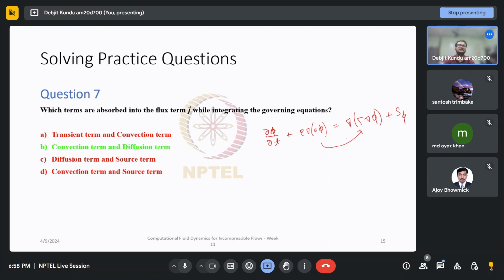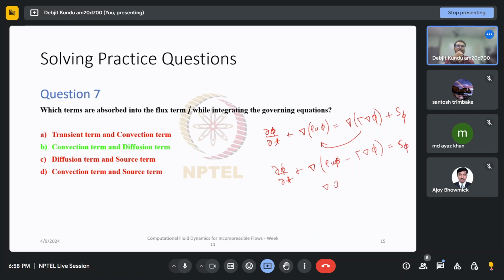Now these two terms can be combined. So I can write this as del of rho u φ. Rho will also be inside if it's a variable, because rho can also be a variable of space, right? So in that case, it would be inside this grad, and minus gamma grad φ equal to Sφ.